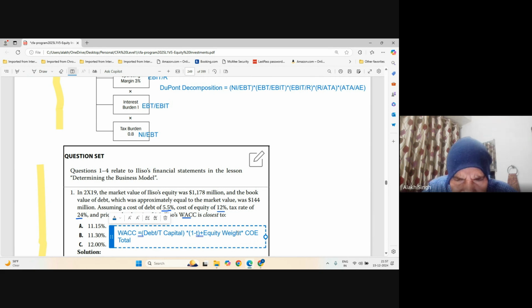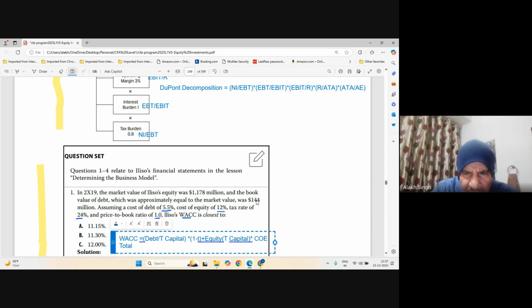And equity weight is equal to equity divided by total capital, and this times cost of equity. So what is our total capital?